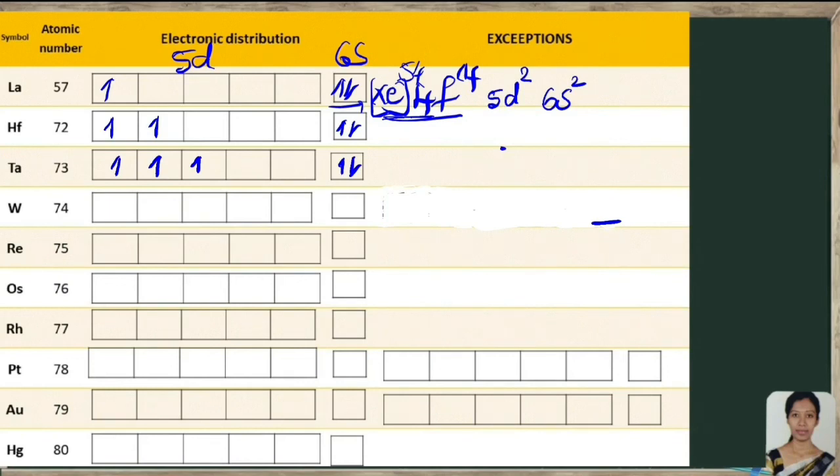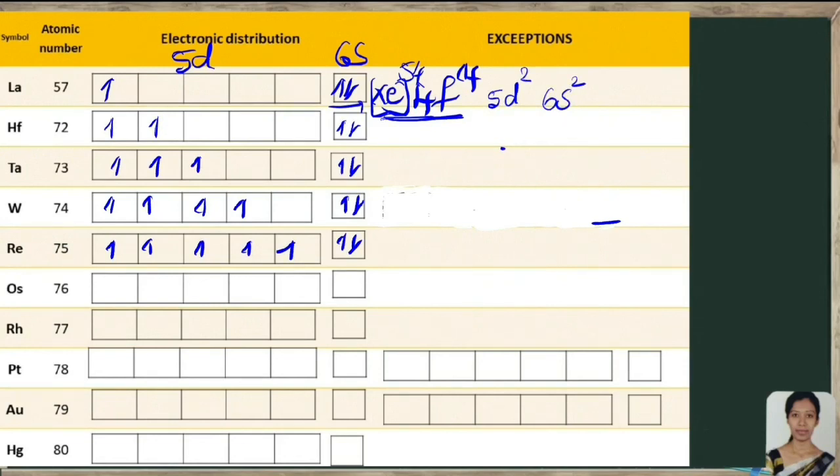Similarly, for tungsten, 6s2, 5d4. For rhenium, 6s2, 5d5, with a common inner electronic configuration.